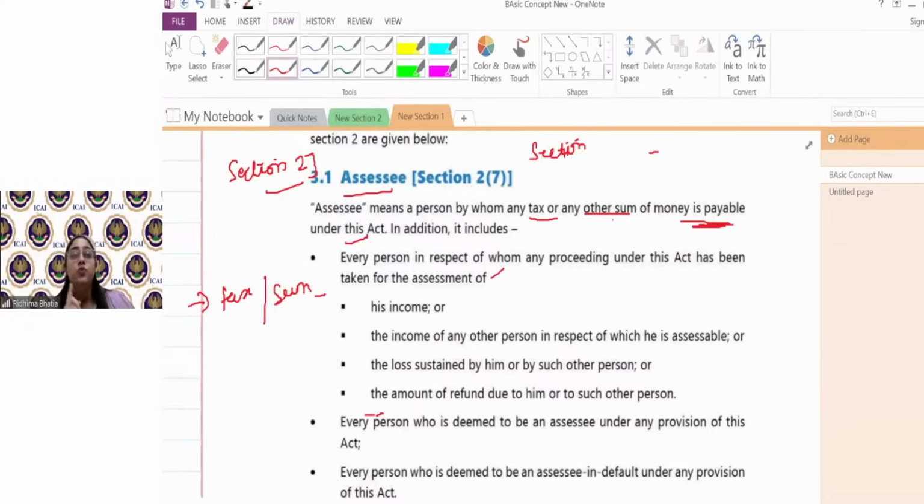Okay, so section 2 guys give the definitions of generally all the terms.